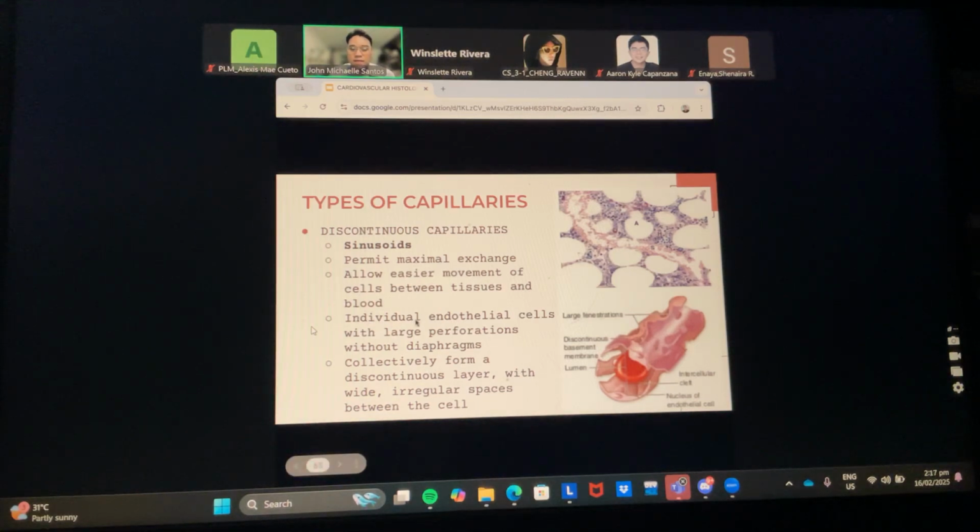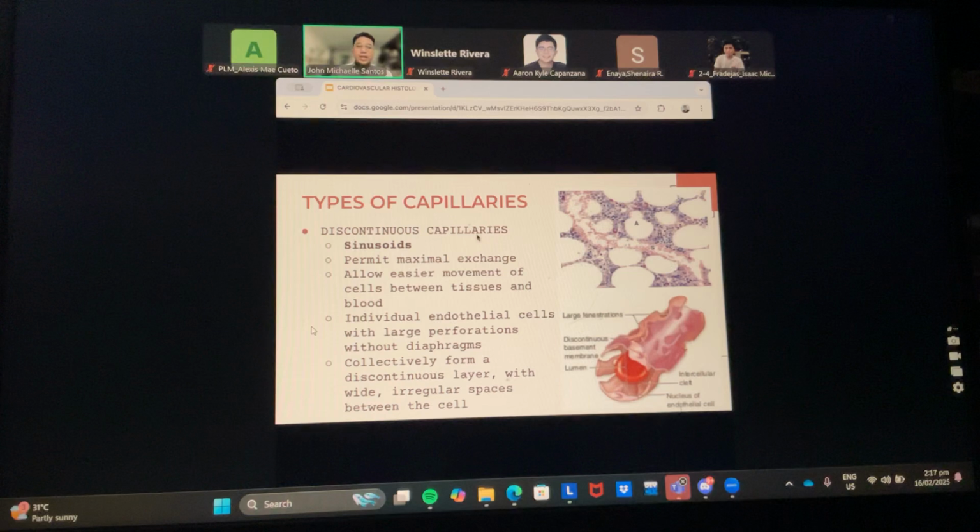There are individual endothelial cells with large perforations without diaphragms, and they collectively form a discontinuous layer with wide irregular spaces between the cells. So ano yung mga organs that need this type of capillaries?